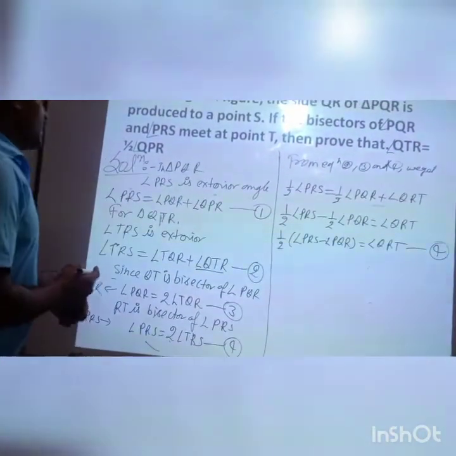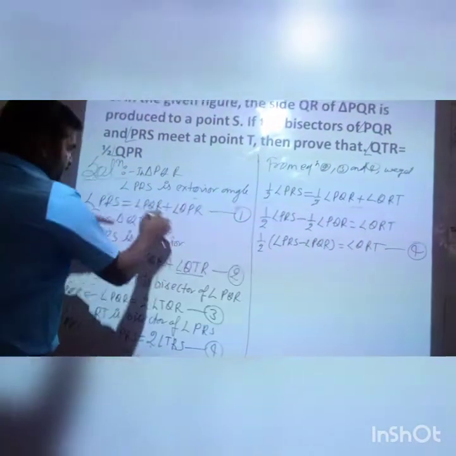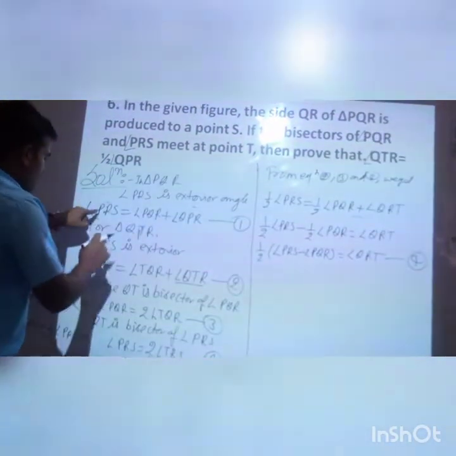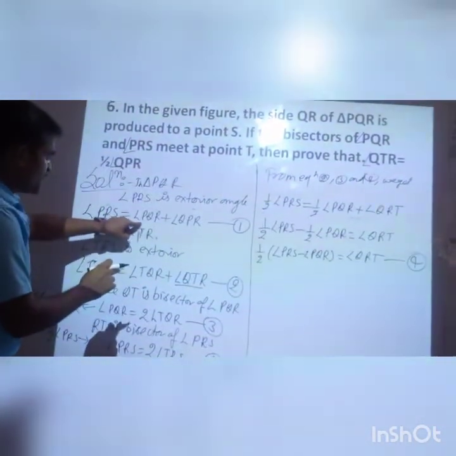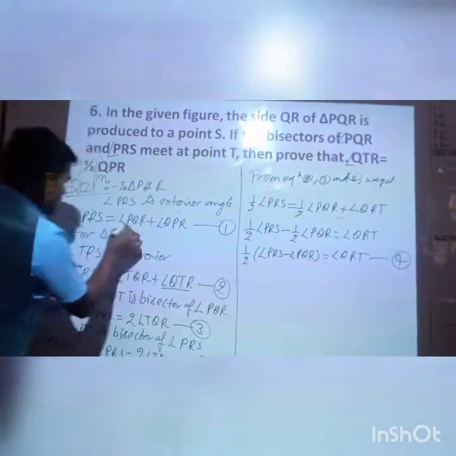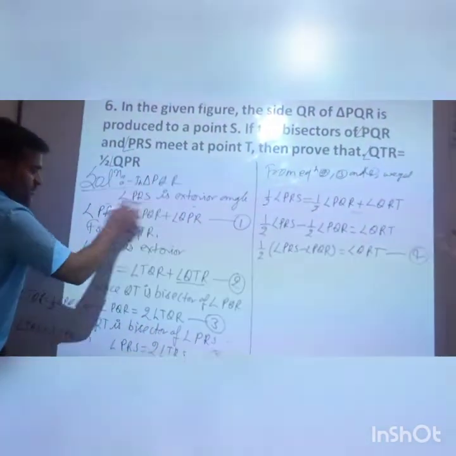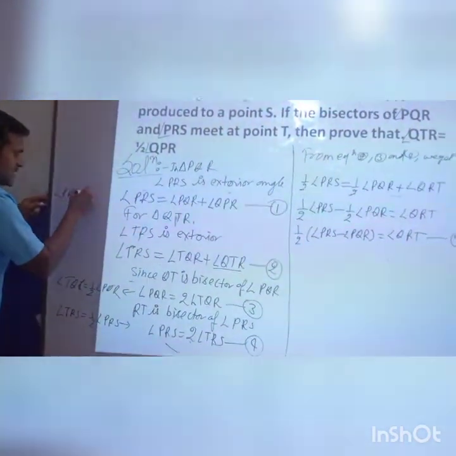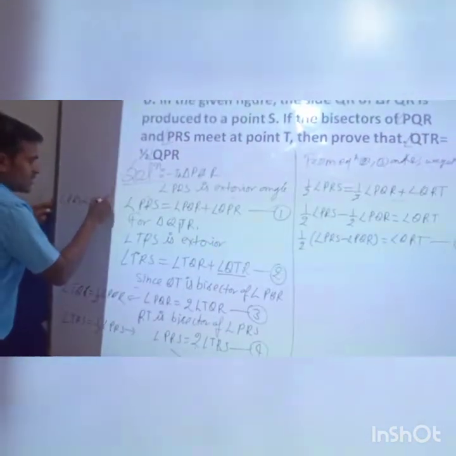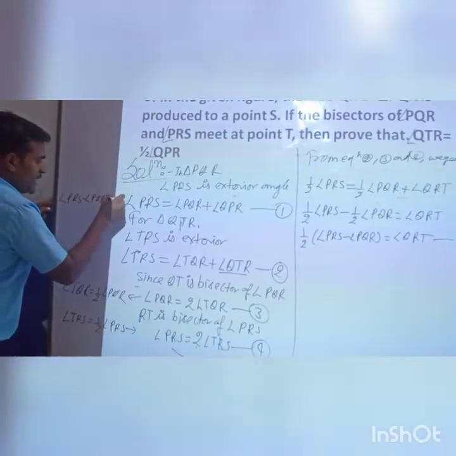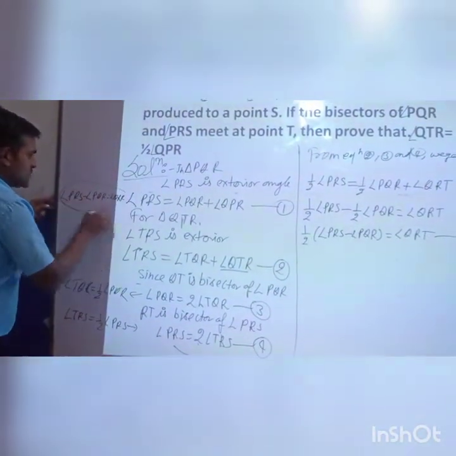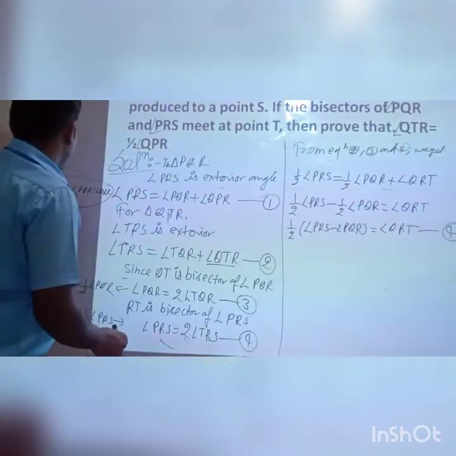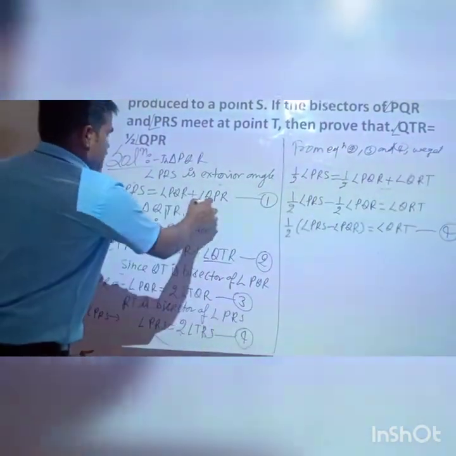Okay. Now from equation 1 we transpose PQR from right to left. So we get angle PRS minus angle PQR is equal to angle QPR. So from equation 1 and equation 5, we write the value of PRS minus PQR, that is QPR.